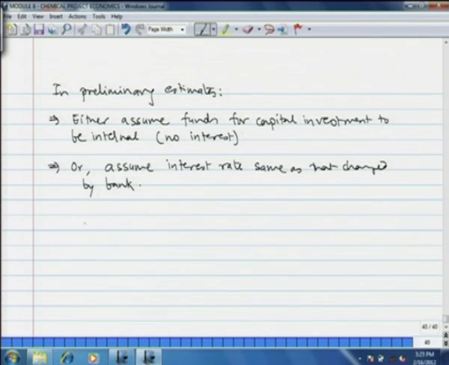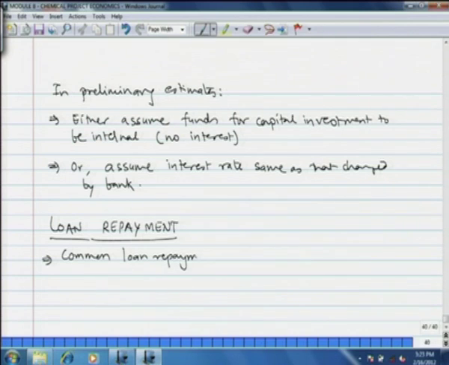Let us see the concept of loan repayment. The loan that is borrowed from bank is paid back in different installments. Common loan repayment is in terms of constant periodic payments for fixed period.